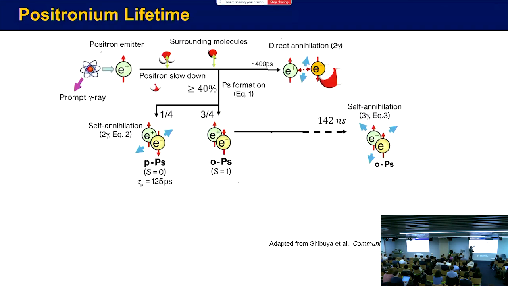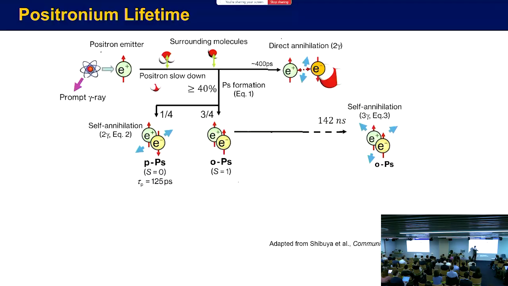There are two types of positronium, depending on their spin relationship. The anti-parallel spin one is called parapositronium, or pPS. It has a rather short half-life, about 125 picoseconds, so it annihilates almost immediately, generating two photons.